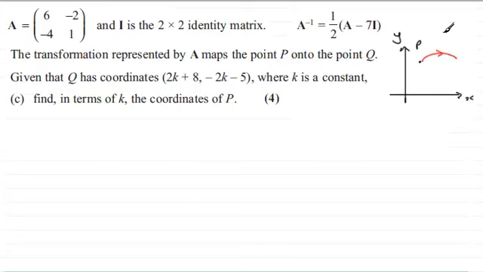So this new point is Q. So in other words, if I do A of P, we end up with Q.